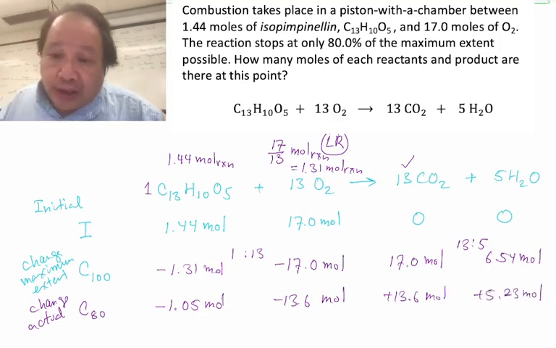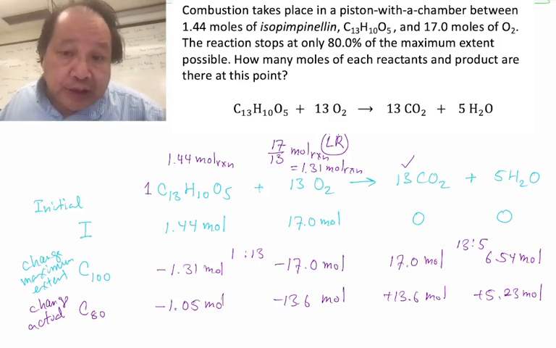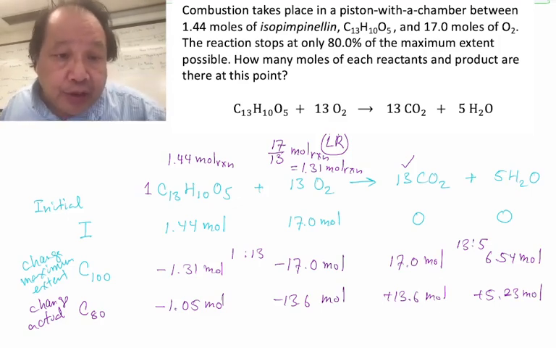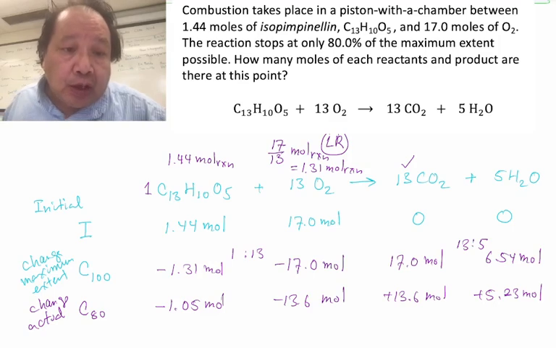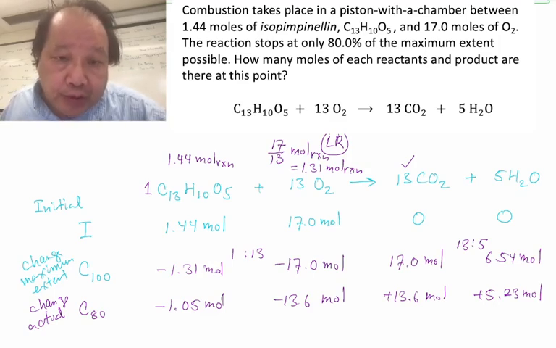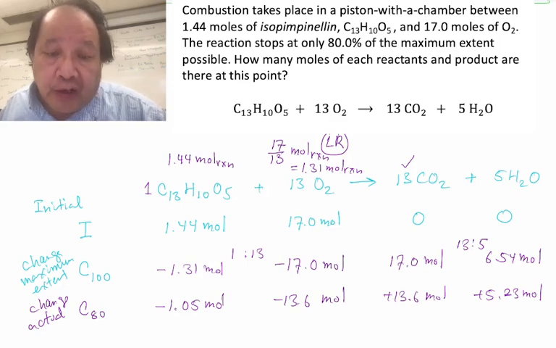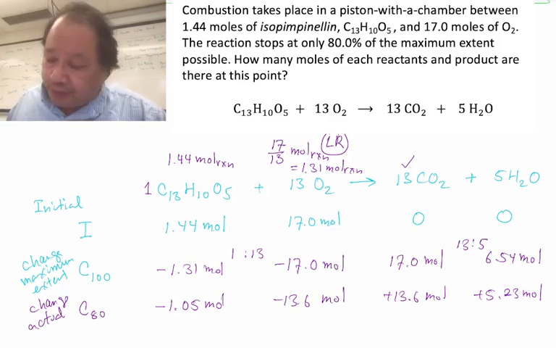Notice that in the C80 line, the ratios of the various numbers are 1 to 13 among the reactants and 13 to 5 among the product ratios.